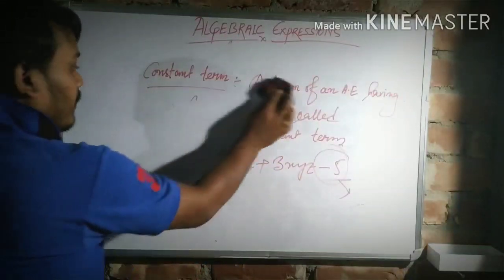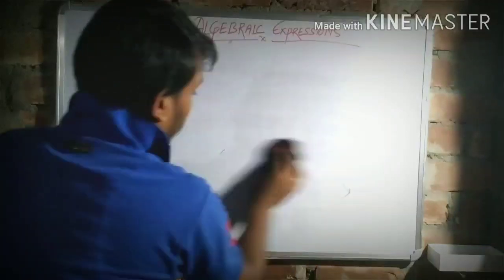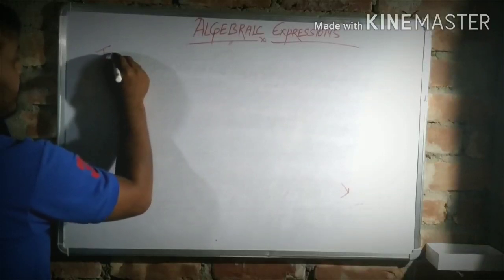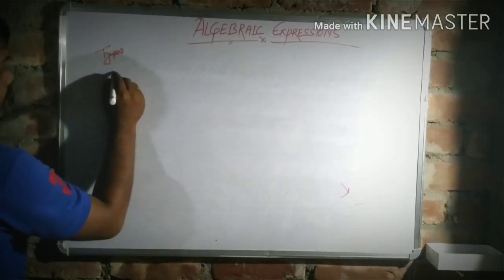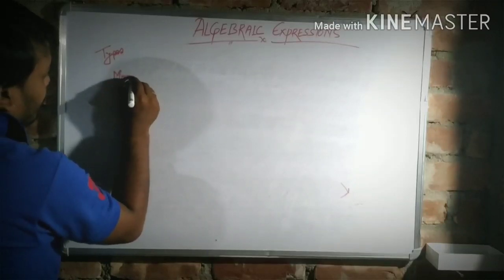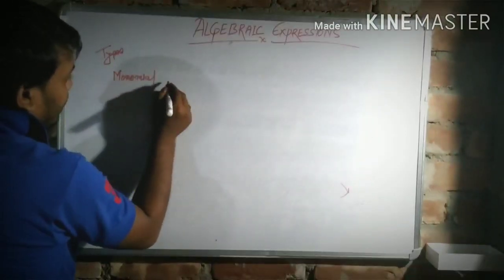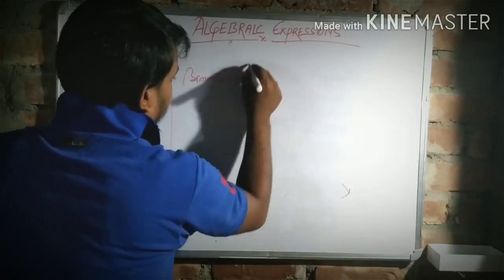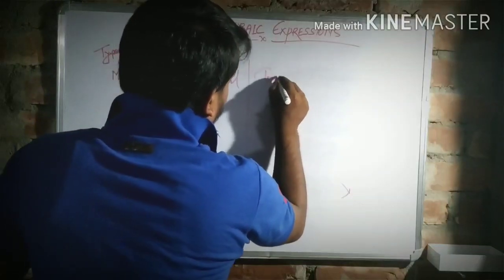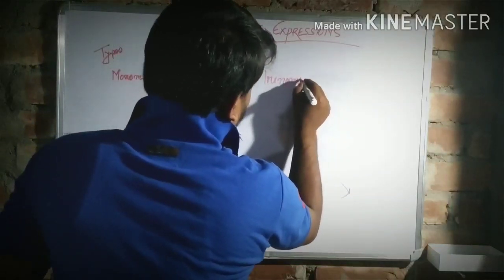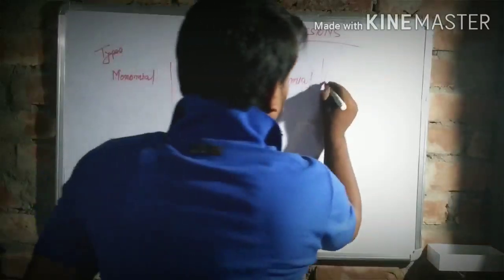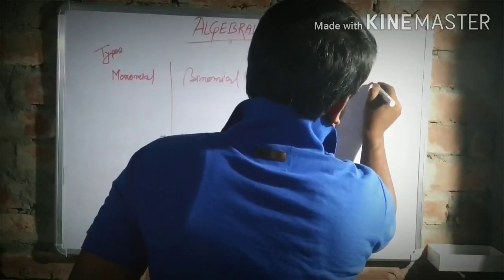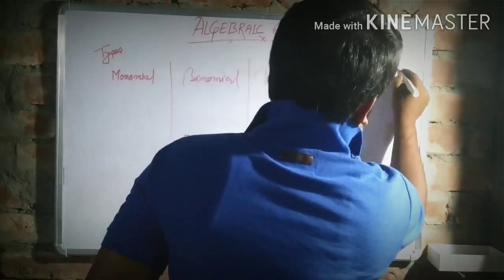Okay. Next thing is types of algebraic expression. Okay, so there are types: monomial, binomial, trinomial, quadrinomial, polynomial.